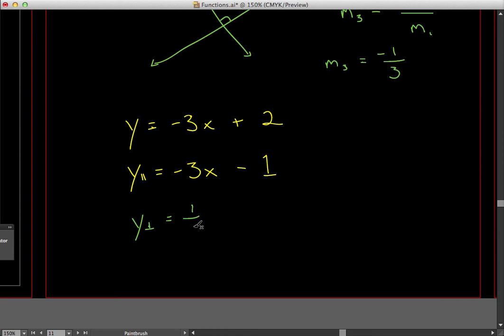So we have +1/3 x. And then it doesn't matter what our y-intercept is. We could actually have the same y-intercept as our initial, and it would still be a perpendicular line to our initial line. So this is parallel and perpendicular lines solving for the equations.